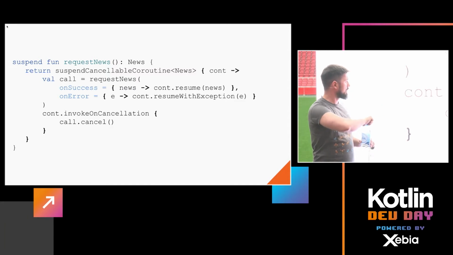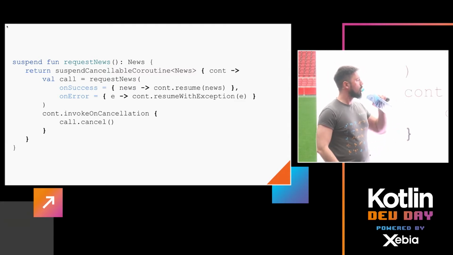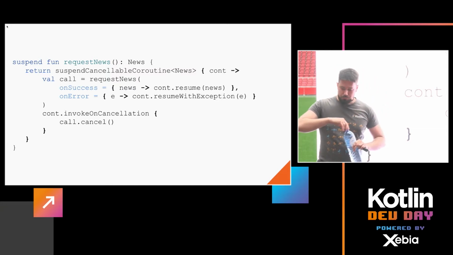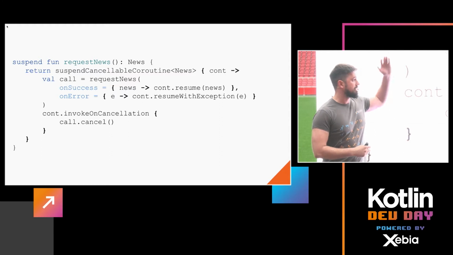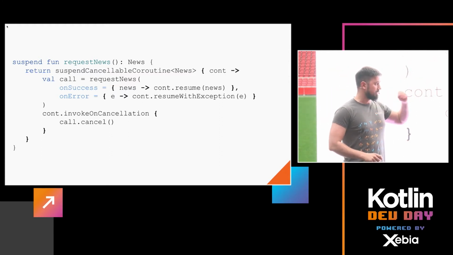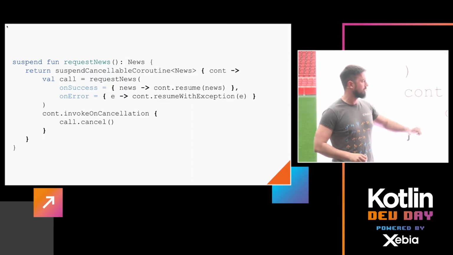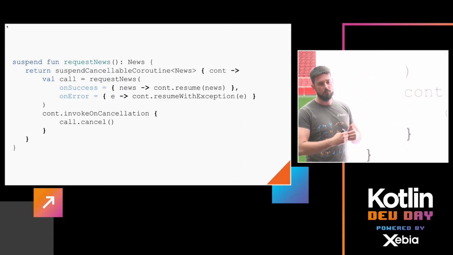You suspend the coroutine, but before you do that, you start a callback function. And in case of a success, you resume your coroutine. In case of an exception, you can resume it with an exception, which means throwing an exception out of the suspension point.